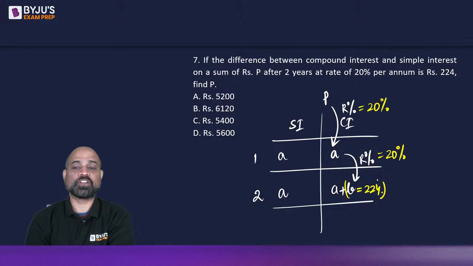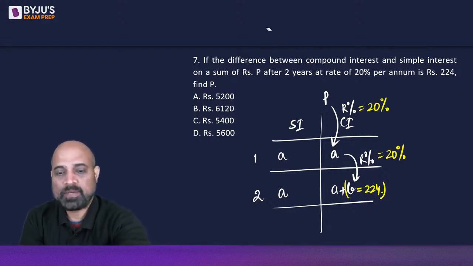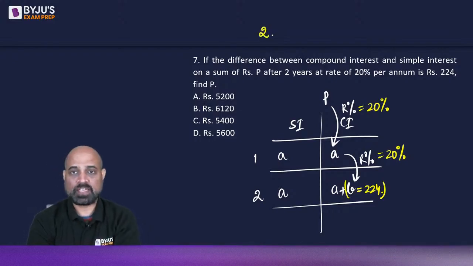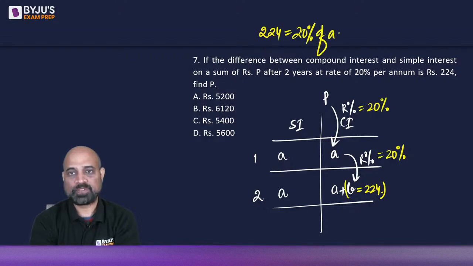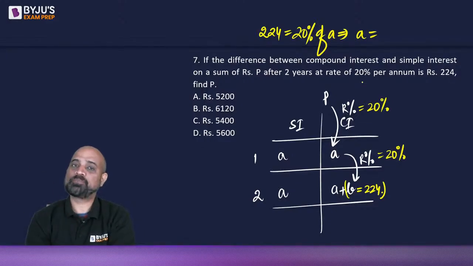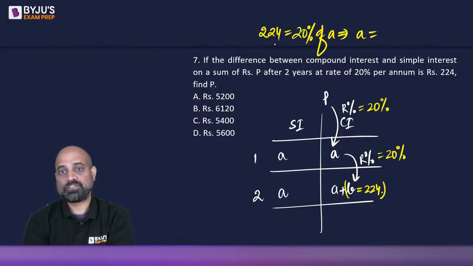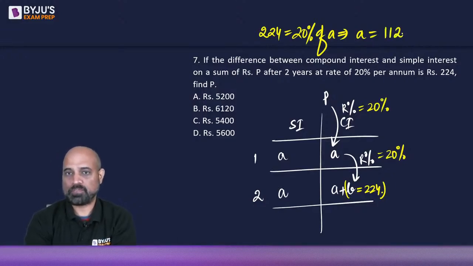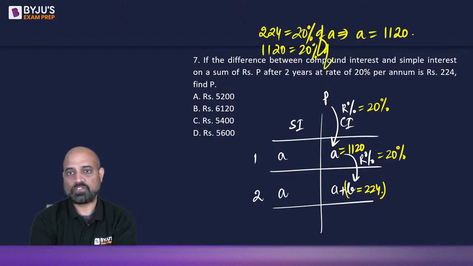So B is 224. B is R percentage of A, so we can say that 224 is 20% of A. This will give us the value of A, which is 224 times 5. 224 times 10 is 2240, so 5 times is going to be 1120. Now the moment I get A as 1120, I know that this 1120 is 20% of the principal value.